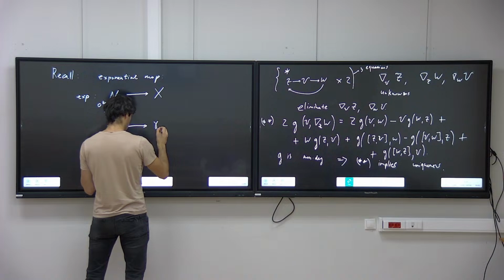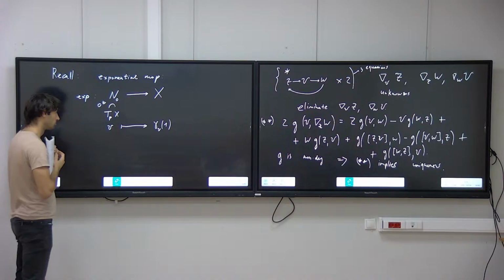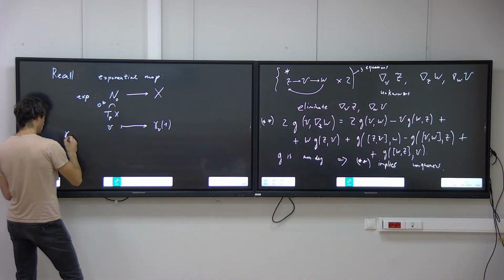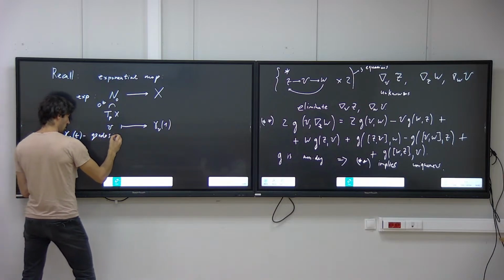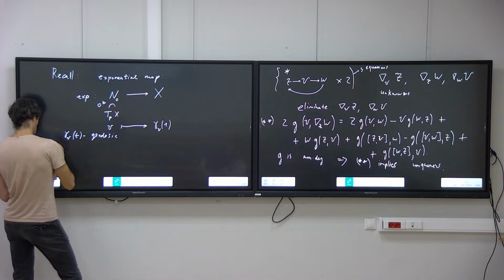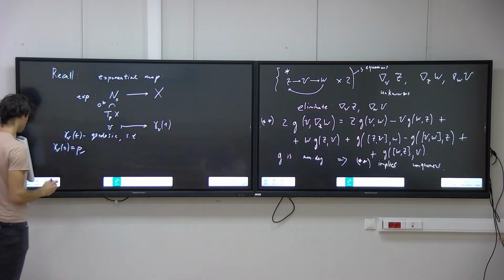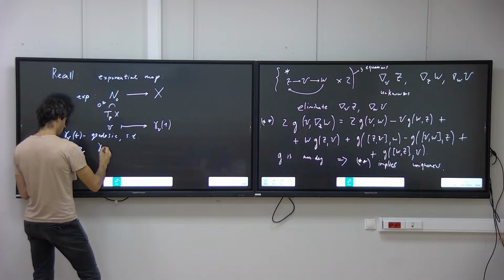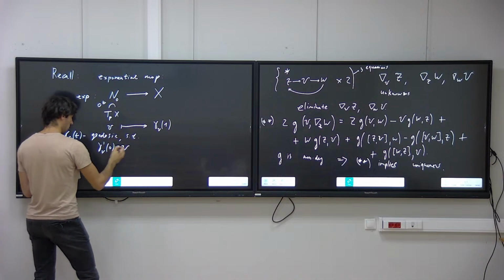Let me call it gamma_v, and you map v to gamma_v(1), where gamma_v(t) is first of all a geodesic, also gamma_v(0) is p, and gamma_v'(0) is v.